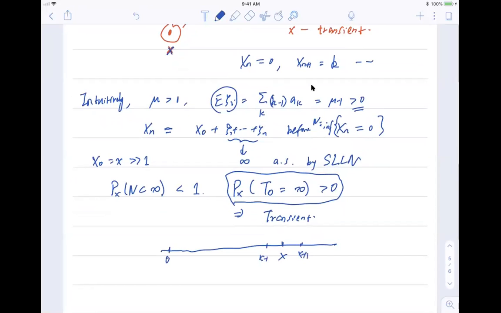The states are all the integers. It starts from something big, X, and this is not symmetric. Since this has a positive average, it is more likely to move to the right than to the left. So if you're starting from something big, there is some possibility you never go back to 0.